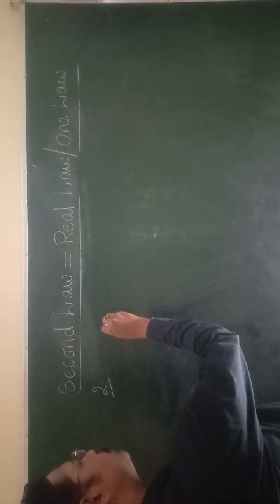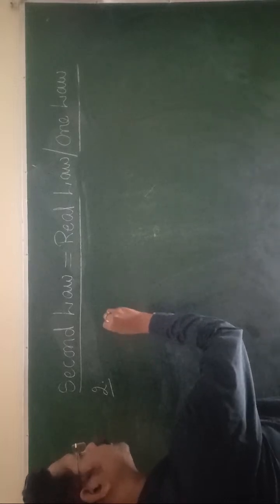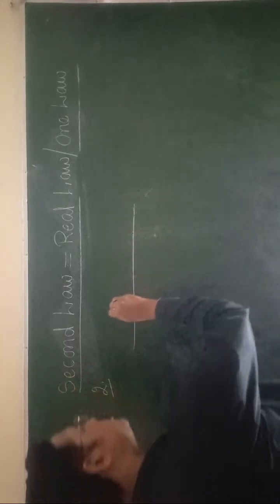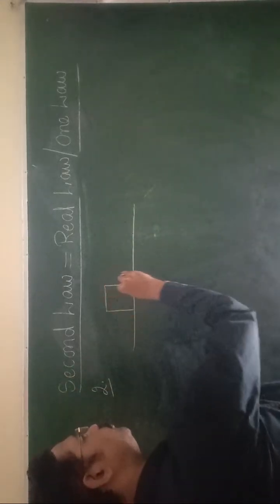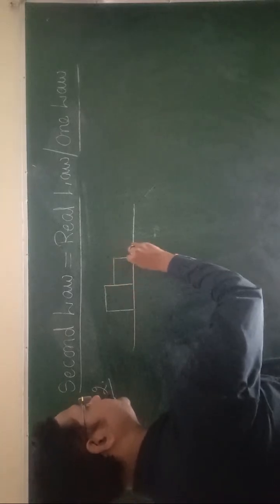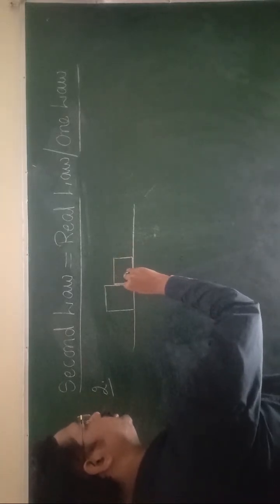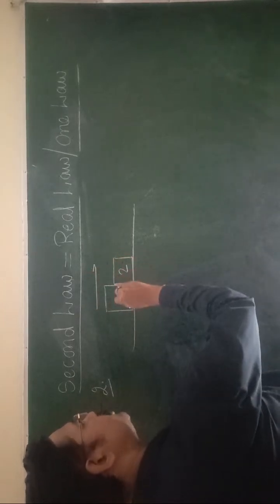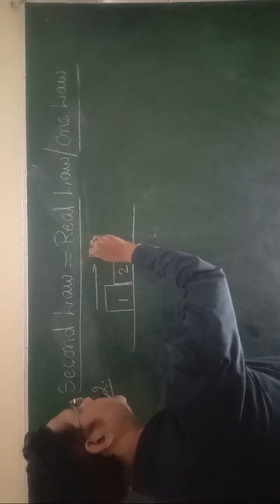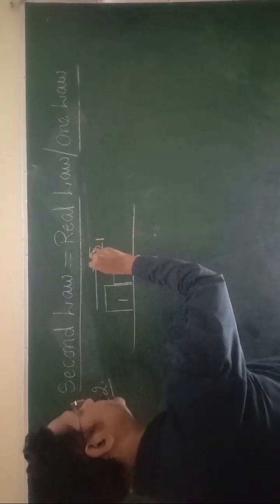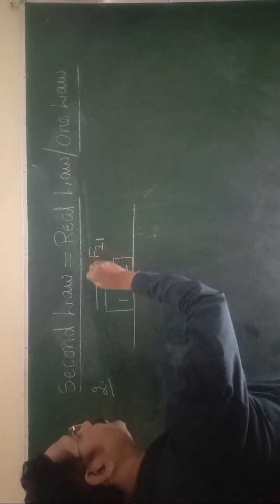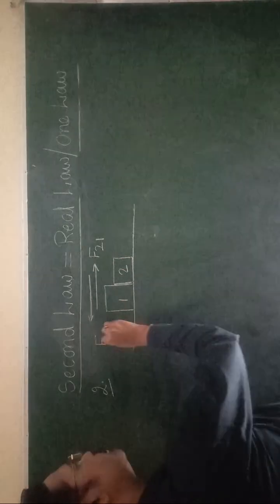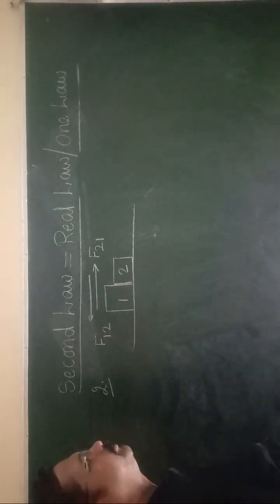There is force when two bodies come into interaction. Two bodies interact together, so there is a force on the second body by one, and again, in the opposite direction, a force on one by body two.